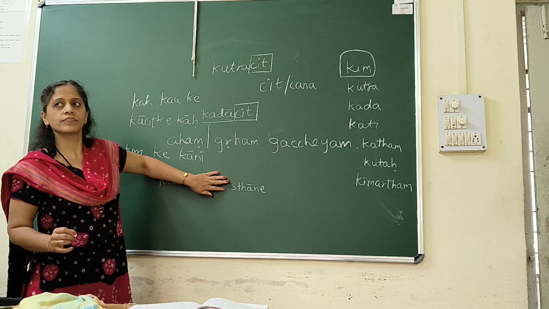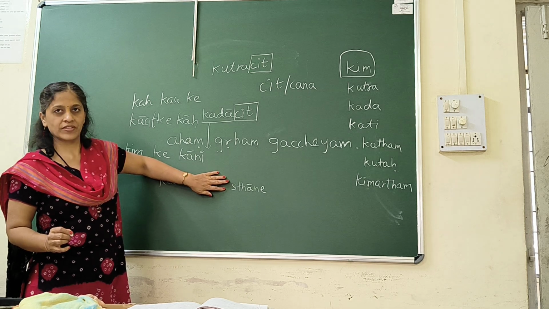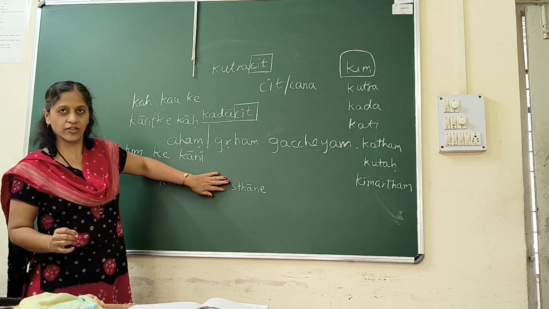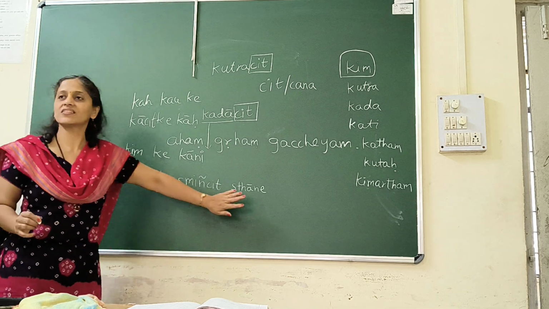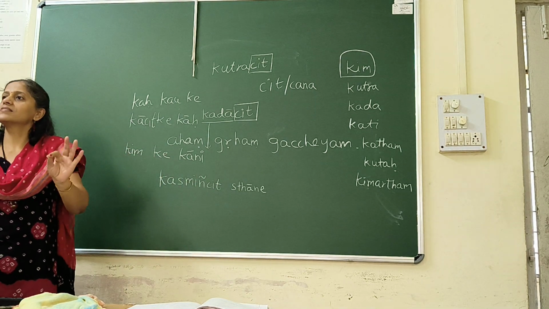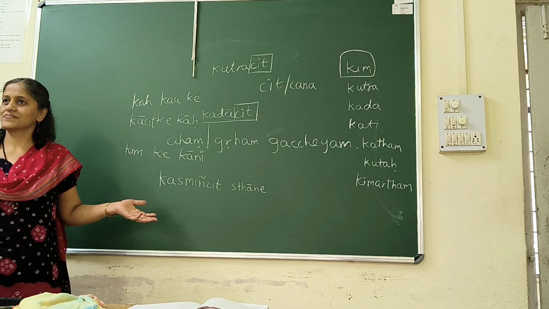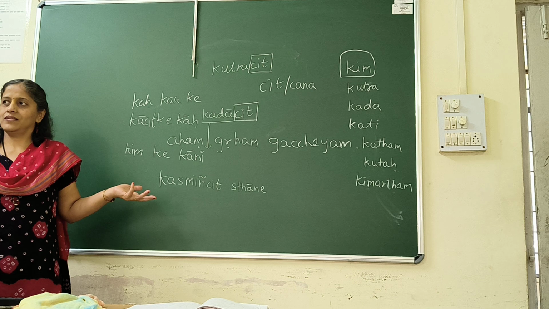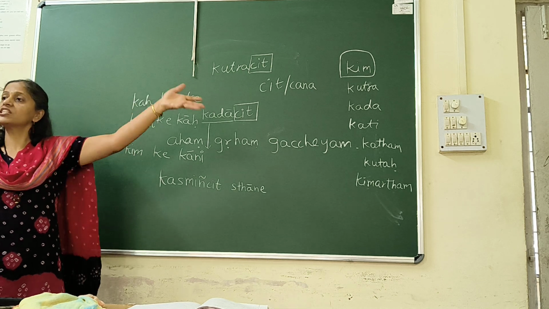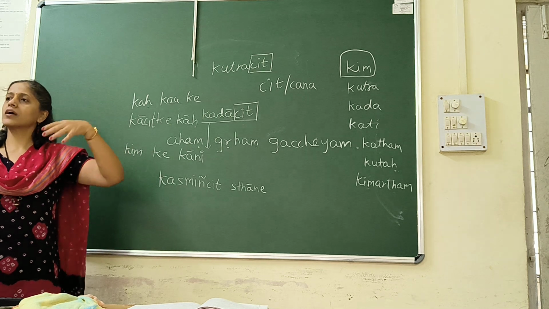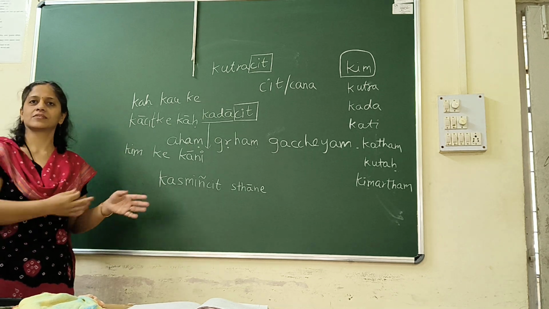Sthane is also locative. Sthana is place and sthane is the locative of sthana. So kasminshchit sthane, in some place. I don't know which place. I am not definite in which place the program will happen. Kasminshchit sthane: you all are asked to assemble in some place.